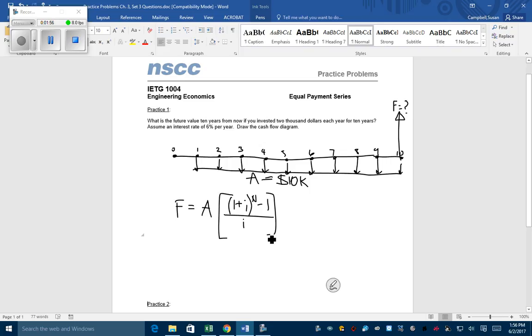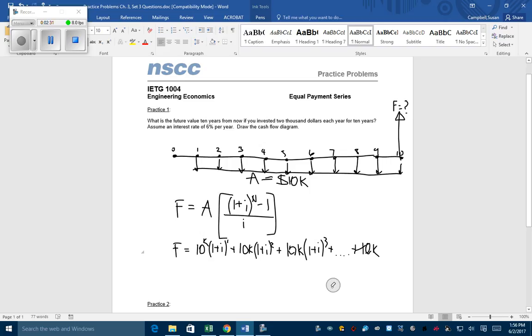Now, this would be the same thing as saying the future value is equal to $10,000 multiplied by 1 plus i to the 1, plus $10,000 multiplied by 1 plus i to the 2, plus $10,000 times 1 plus i to the 3, plus $10,000 times 1 plus i to the 4, etc., all the way to $10,000 times 1 plus i to the 10.